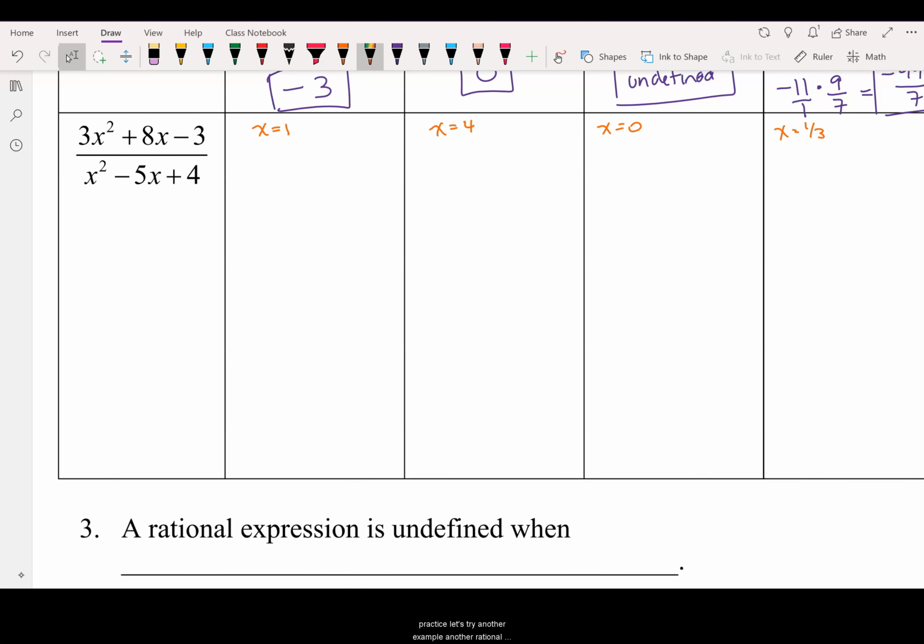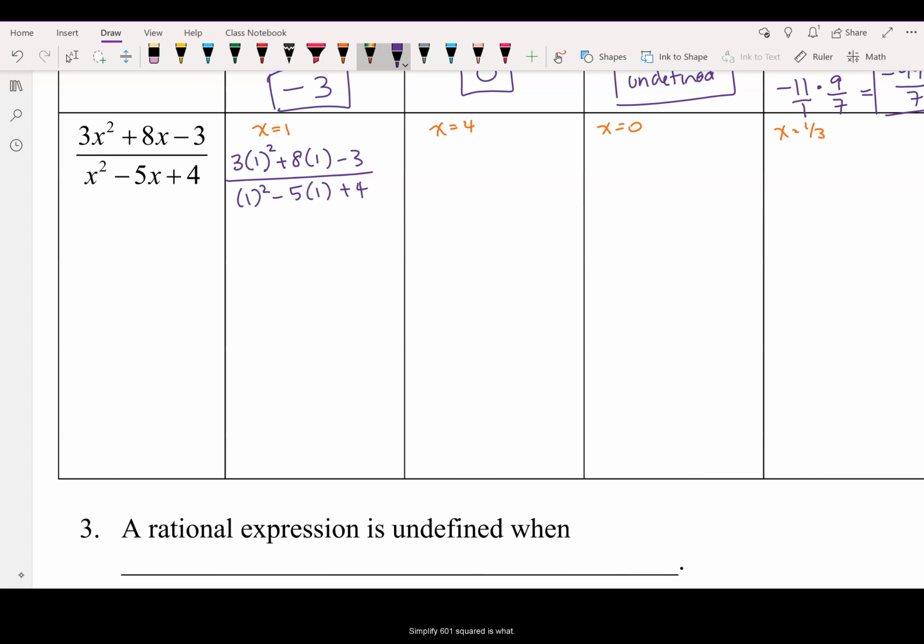Let's try another example, another rational expression. 3x squared plus 8x minus 3 divided by x squared minus 5x plus 4. And again, we're just plugging in numbers for x and simplifying. For the first box, we're going to use the same numbers we did before. x equals 1. So let's plug in 1 for x. 3 times 1 squared plus 8 times 1 minus 3 divided by 1 squared minus 5 times 1 plus 4.